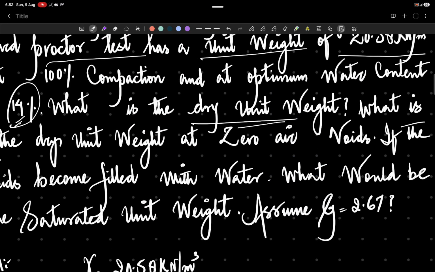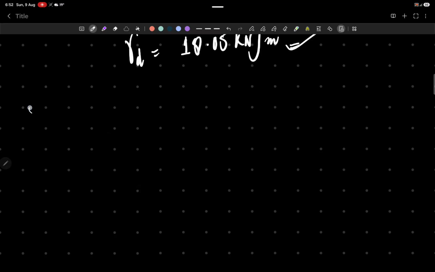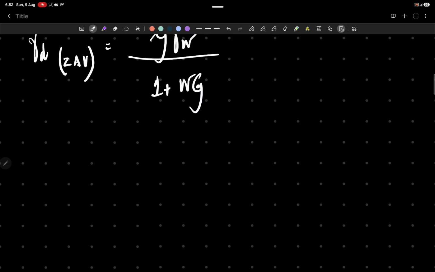Now we have to find the dry unit weight at 0 air voids. All right. Dry unit weight at 0 air voids is equivalent to G gamma W divided by 1 plus Wg. All right.